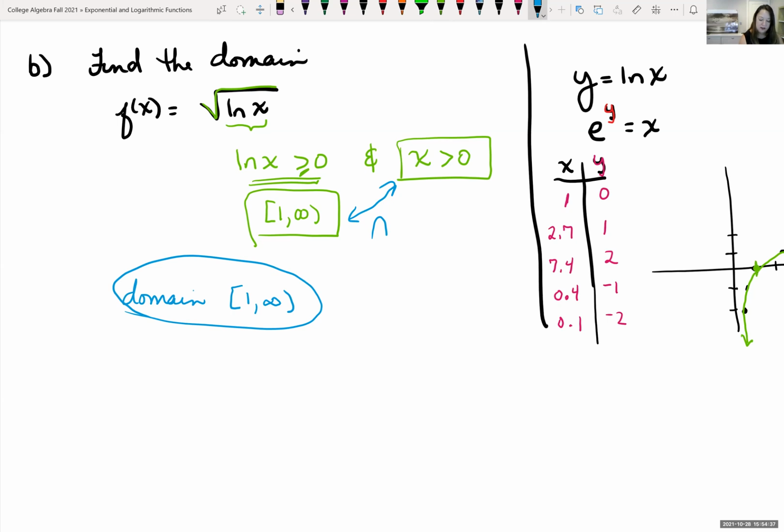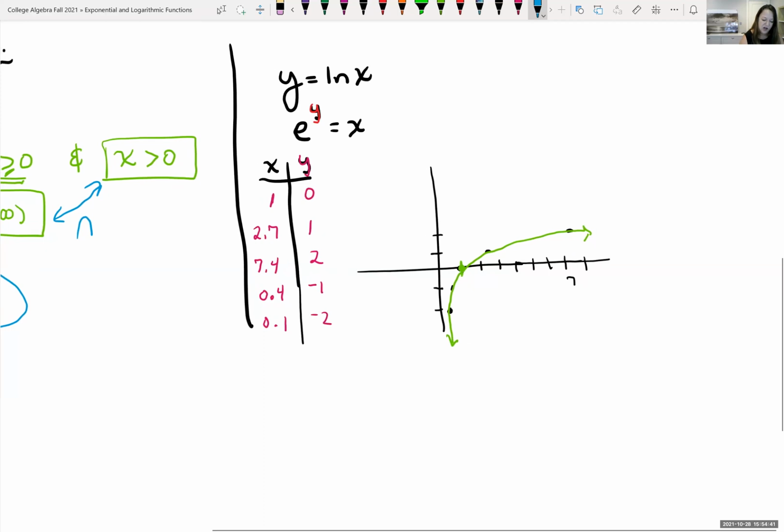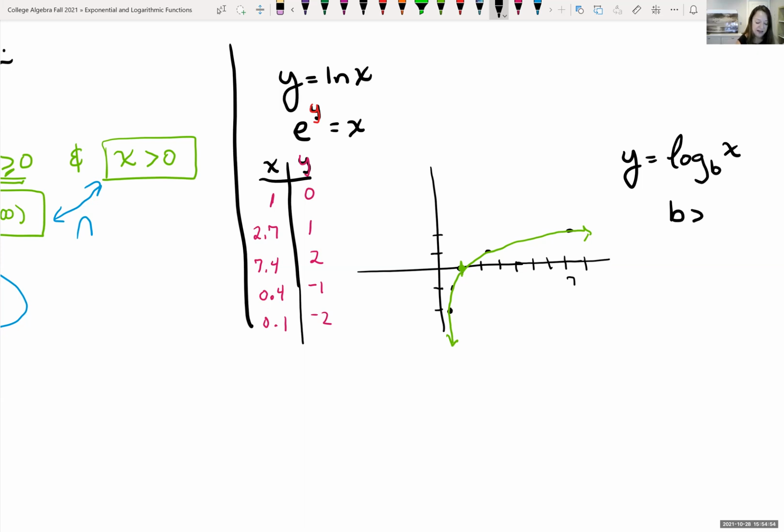Just really quick about the graph, this y equals the natural log of x. This right here is the general shape of the log base b of x if b is greater than 1.